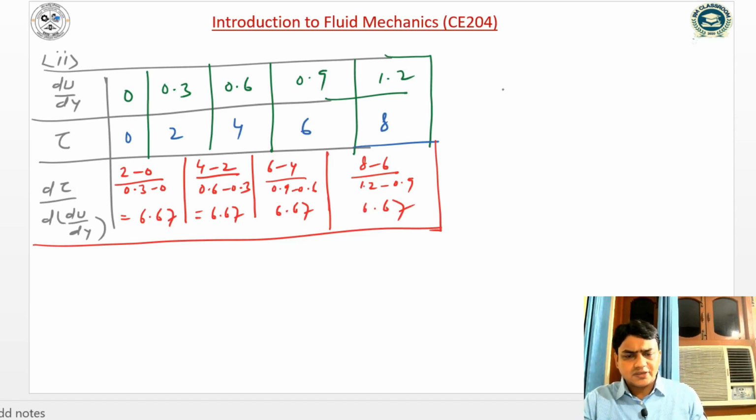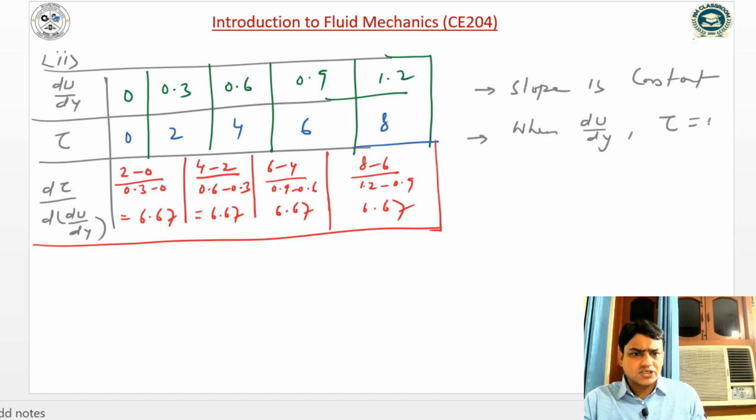So we can write here, slope is constant. Once again the fluid can be Newtonian or non-Newtonian. We can see here whether an intercept is there or not. When du by dy is 0, the shear stress is also 0.